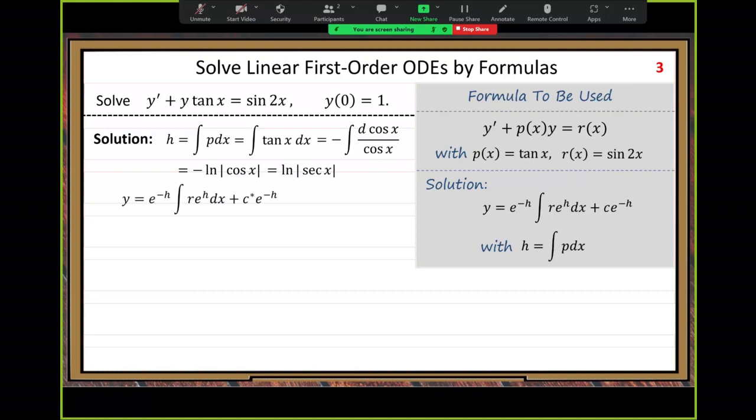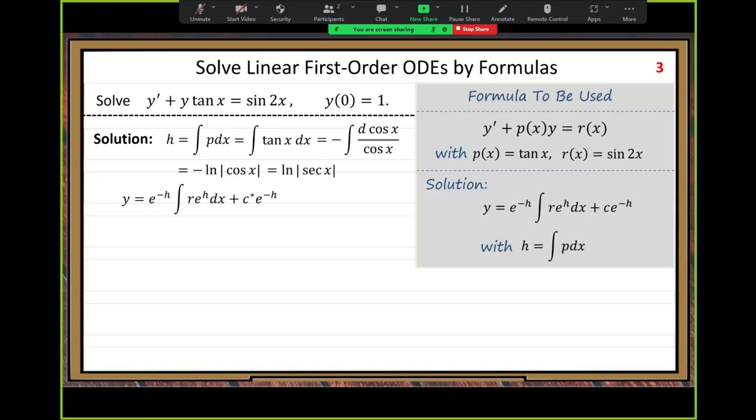Next, our y formula. Here the constant, I use C star, because later there is a constant change. Later, we need to do some constant change. So the temporary constant I use C star, and the final constant I use C. That's not important.